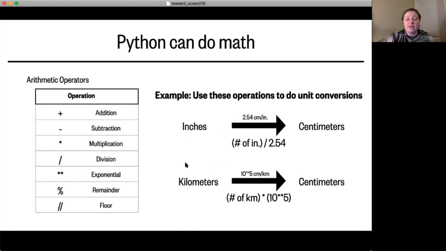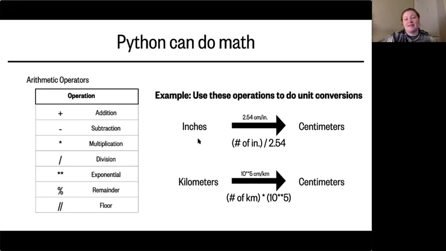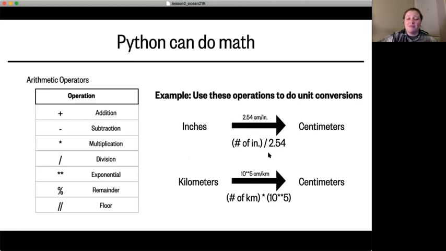An example of when you'd use these operations is to do unit conversions. So for example, if I were given the length of something in inches, but I wanted to convert it to centimeters, I would just divide by our conversion factor of 2.54 centimeters per inch. Similarly, if I were given a distance of something in kilometers, and I wanted to convert that to centimeters, I would multiply by a conversion factor of 100,000, or 10 to the 5th, using our exponential arithmetic operator there.